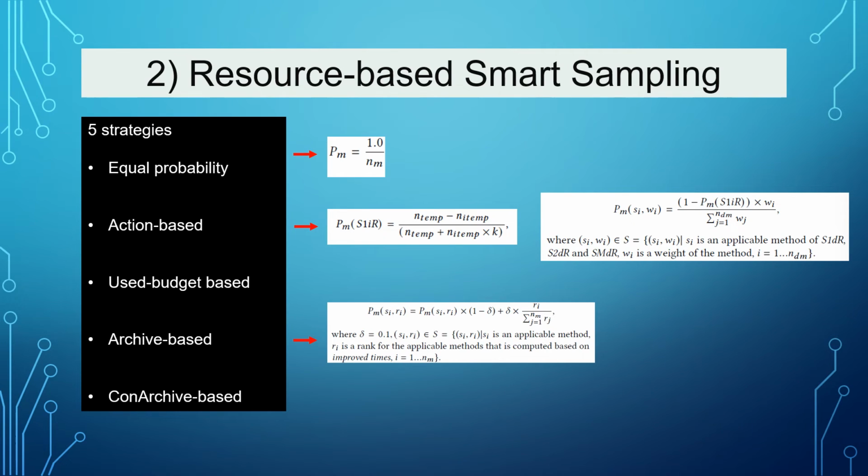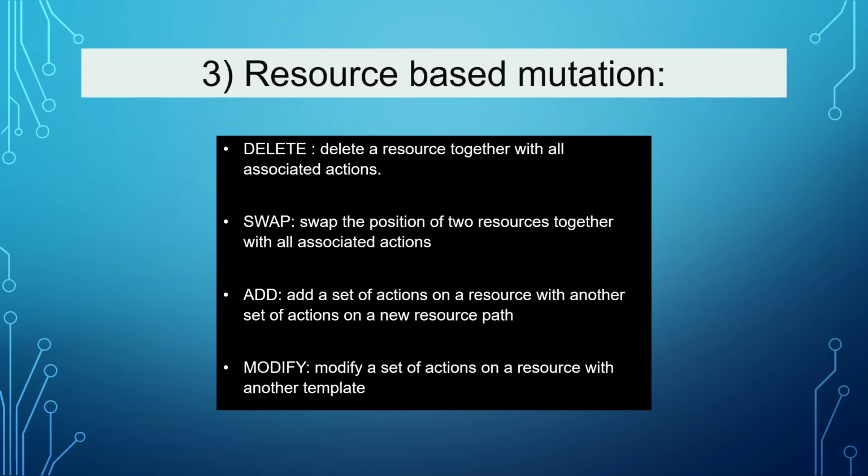Then there's archive-based. It enables an adaptive selection based on the achieved improvement of fitness. The last one, con-archive-based, enables an adaptive selection based on fitness improvement after a certain number of sampling actions on one resource.